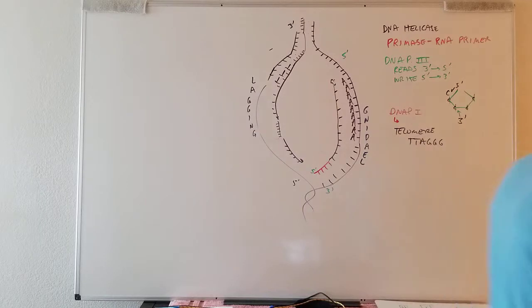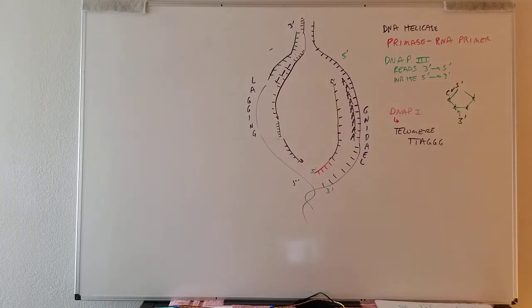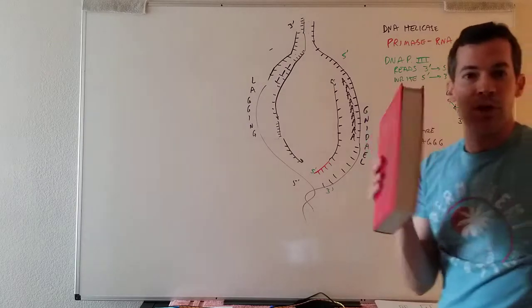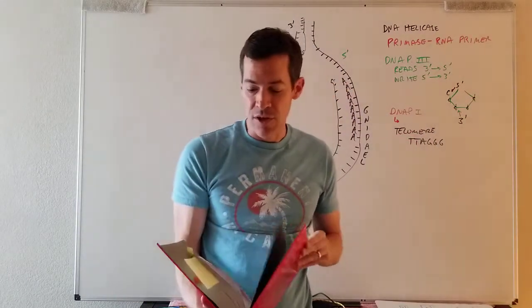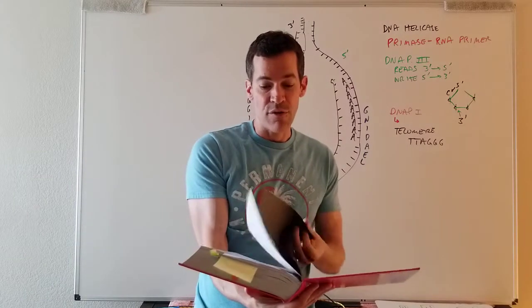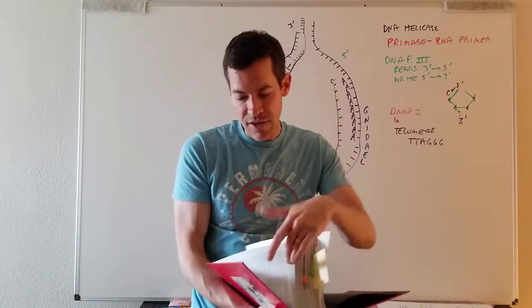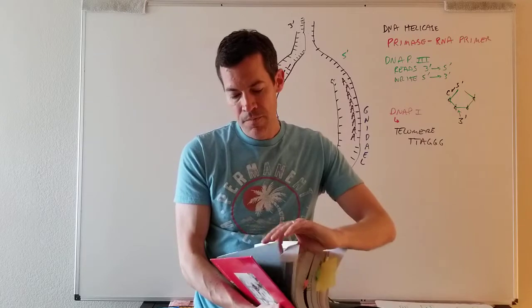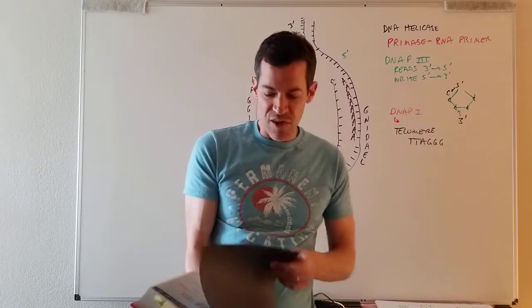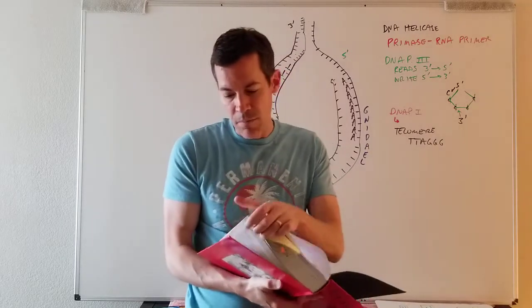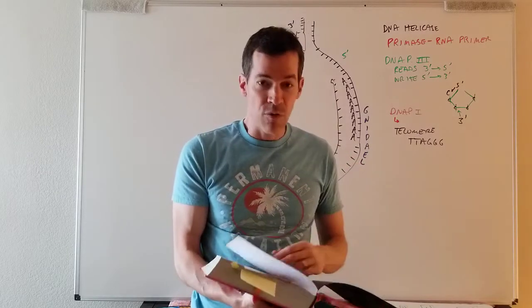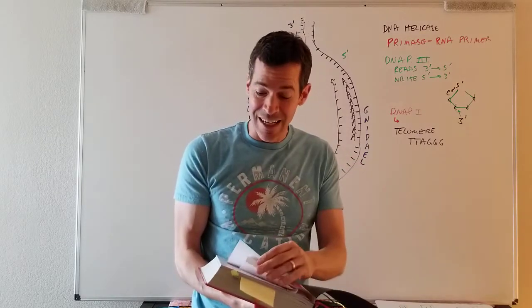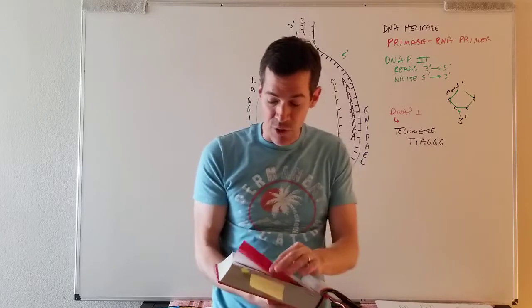The example that I gave you guys in class was, let's say that I wanted to copy this book on a copy machine. But every time I put it on the copy machine to make copies, I lost the first page and I lost the last page. Well, when I lose this blank page here and this blank page here, it doesn't really matter too much. But pretty soon, every time I copy my DNA, I'm losing pages.